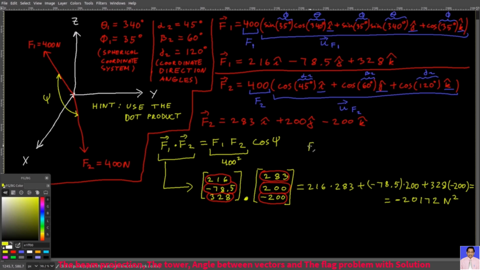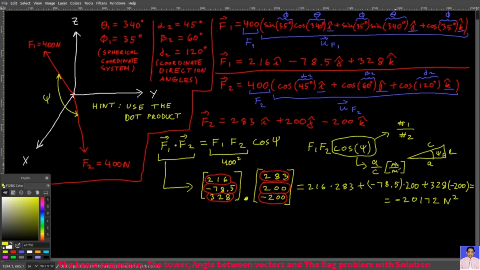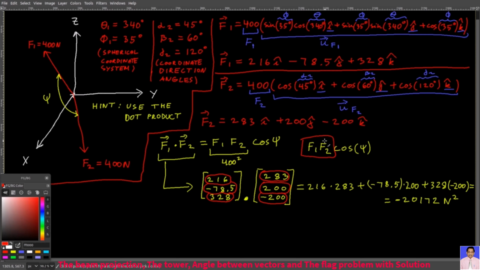So you see that you have F1 times F2 times cosine psi, but this is just some kind of ratio. It's a dimensionless ratio. If we take this right triangle, here you have 90 degrees, then this would be A over C, and then the units would be meters over meters. In other words, it's dimensionless. But here, since you're multiplying two force magnitudes together, then you have newtons times newtons, or in other words, newtons squared.